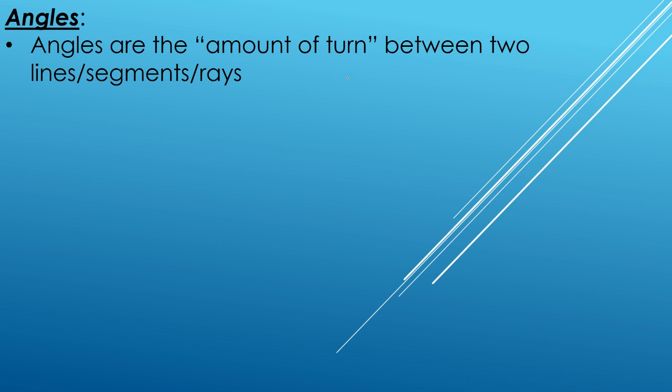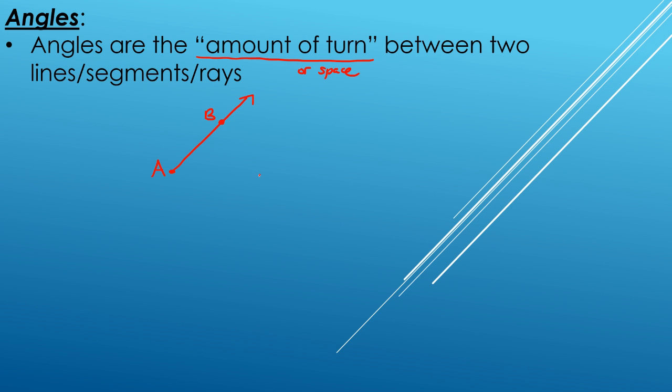Next up, angles. Angles you can think of as the amount of turn or the amount of space between 2 lines, segments, or rays. So here's some examples. Let's say we have 2 rays coming off of point A. So I have ray AB right here.